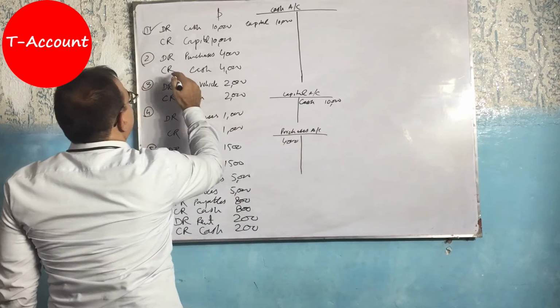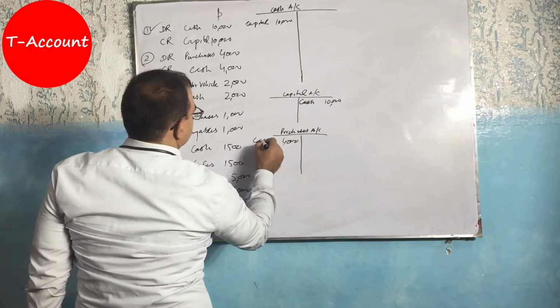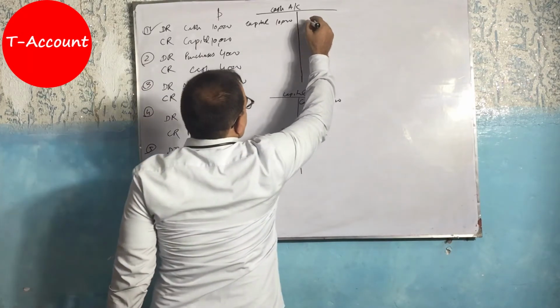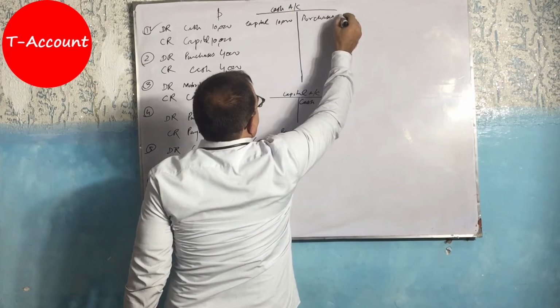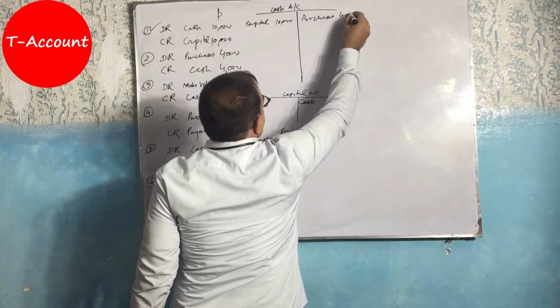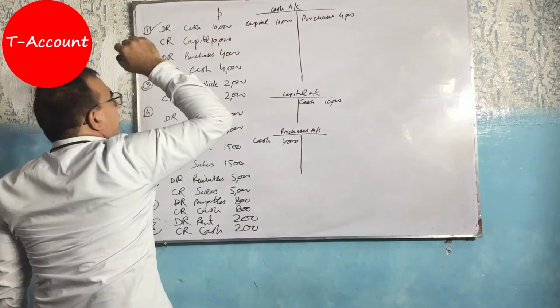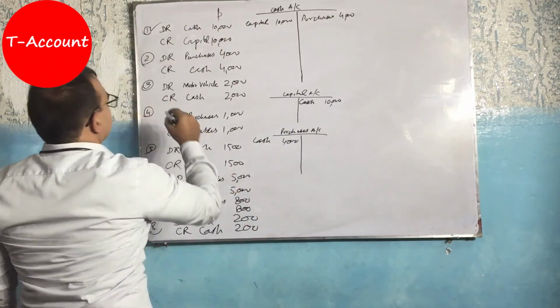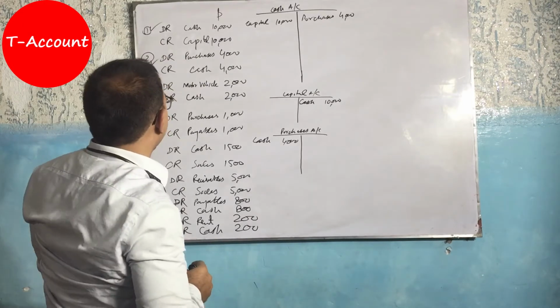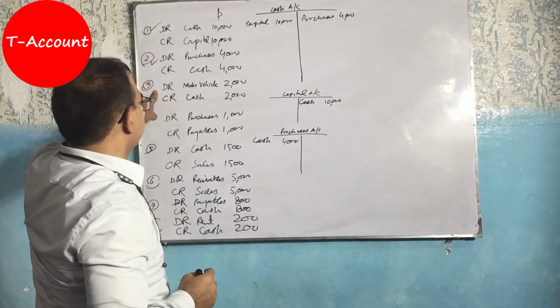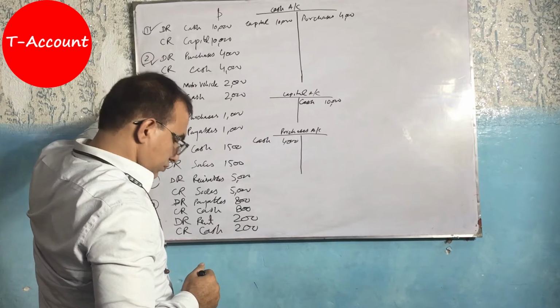What is the opposite head? Cash. We are spending cash on purchases. Cash is reducing, and a reduction or decrease in asset is credited. We agreed, and both heads are posted. Entry finished. Entry 3, motor vehicle.